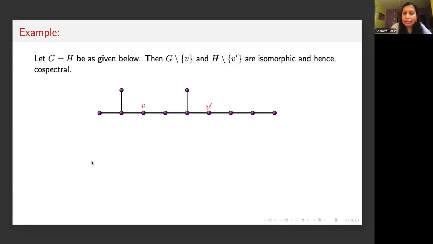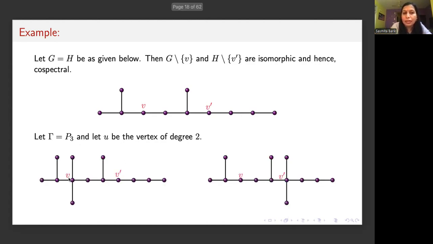So now you take any graph. Here I have taken P3, and I take the middle vertex, the degree 2 vertex, as my u, to make the coalescence operation. I attach P3 here.